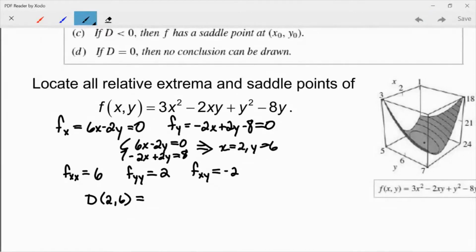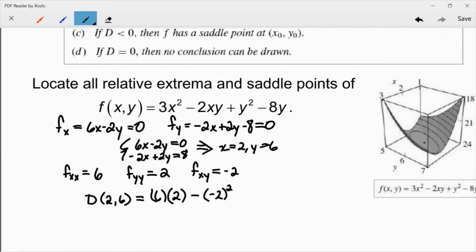So I'm going to do my second x partial times my second y partial, and then minus this mixed partial squared. Notice that it doesn't really matter whether that mixed partial is positive or negative, because we're going to square it anyway. What does matter is the magnitude of it, because how does it compare to the magnitude of those other partials that I have?